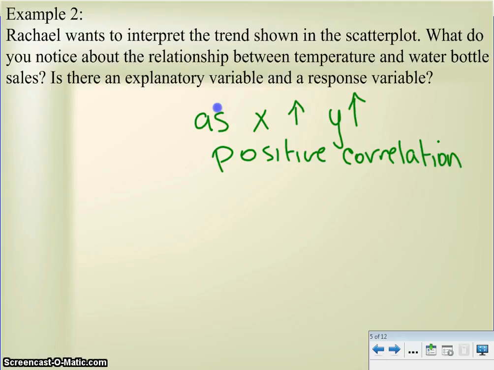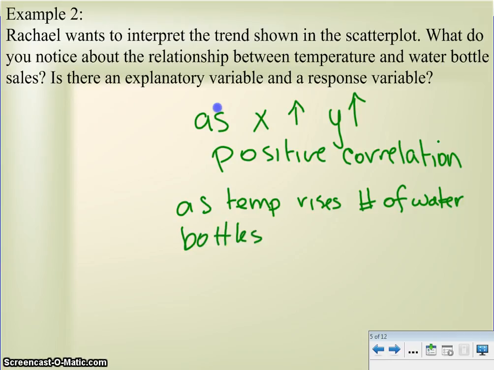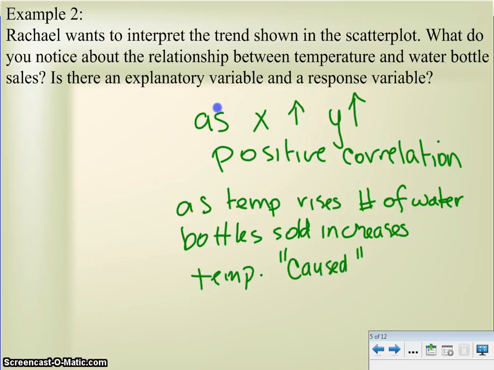Further, it seems like that as the temperature rises, the number of water bottles sold increases. Therefore, it seems that the temperature caused an increase in water bottles sold.